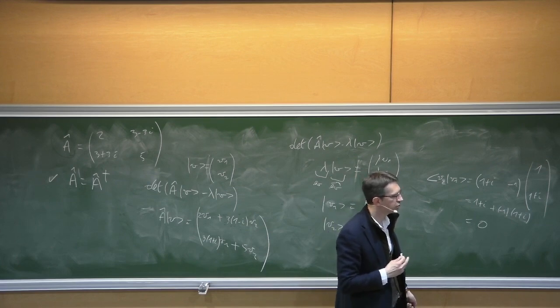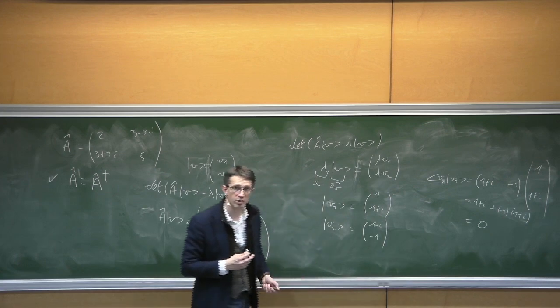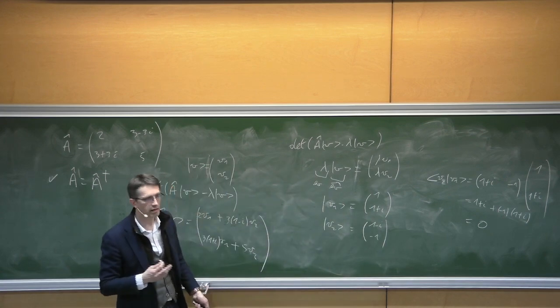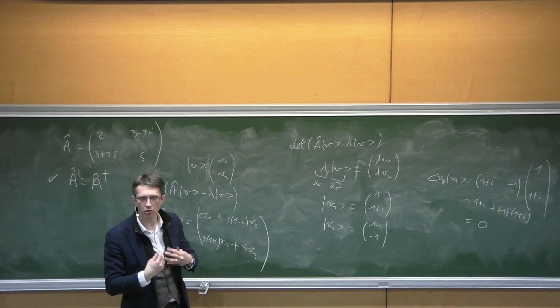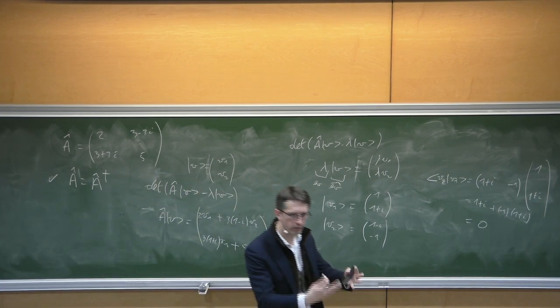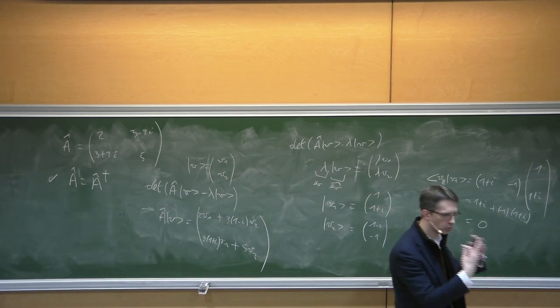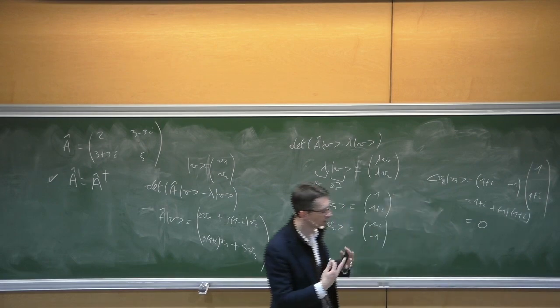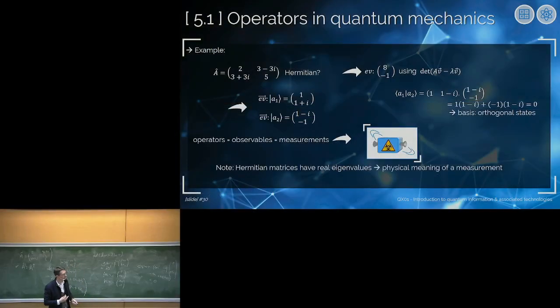And for Hermitian matrices, the eigenvalues are actually real values, because again, like I said, when you make a measurement, you don't measure a complex current or complex magnetic field, you measure a real value in the physical world. Right. So that's what I wanted to say on that.